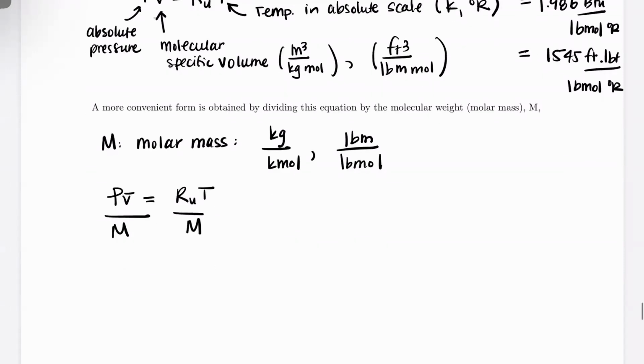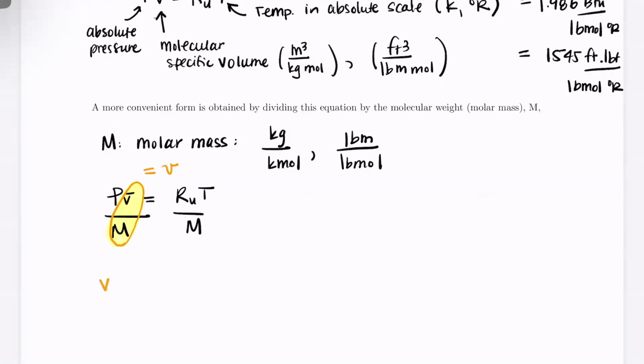And it turns out that this term in particular is something useful or convenient for us. So V bar divided by M is the specific volume.